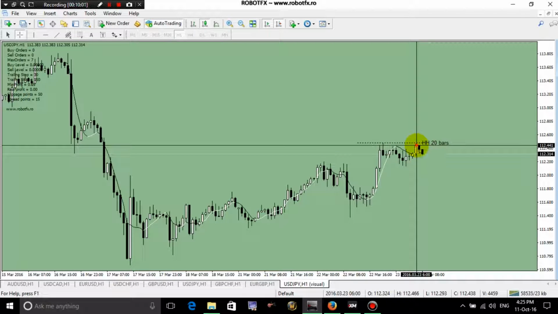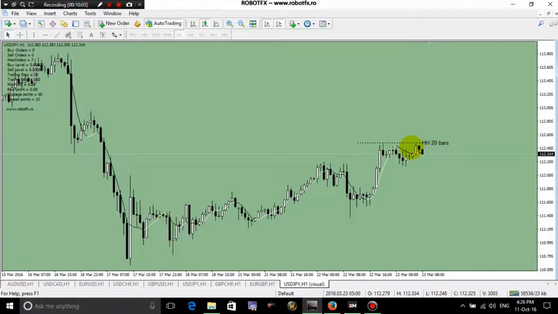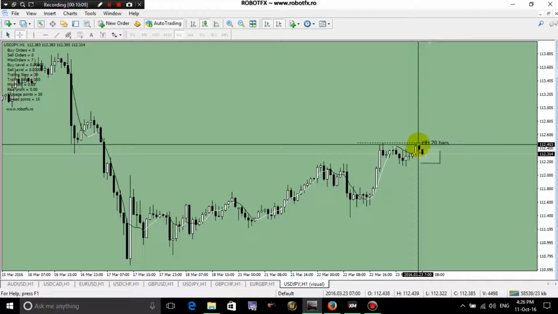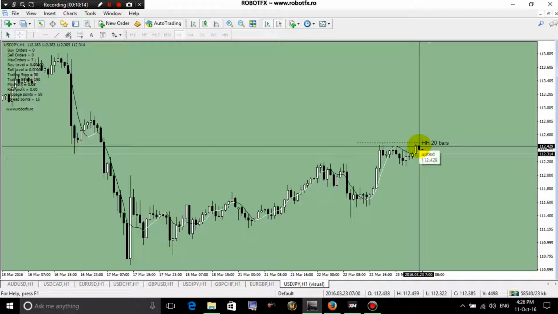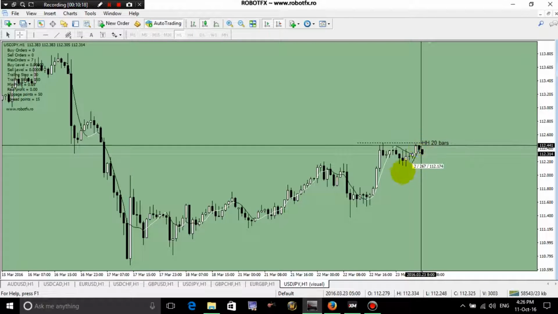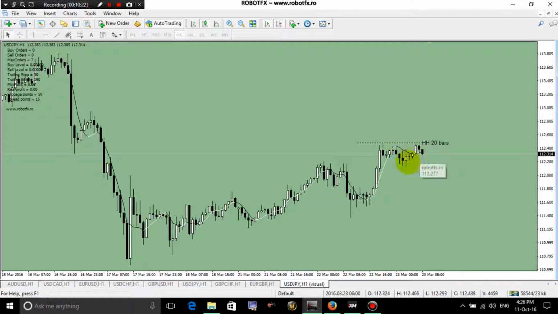It normally should have, without this option, I mean, with the pips away from the last swing set to 20. If we had set it to 0, it would be like we don't use this filter, and the expert advisor would have opened a buy here, which is already on top of the peak, right? Normally we don't want that. Again, it depends on case to case.